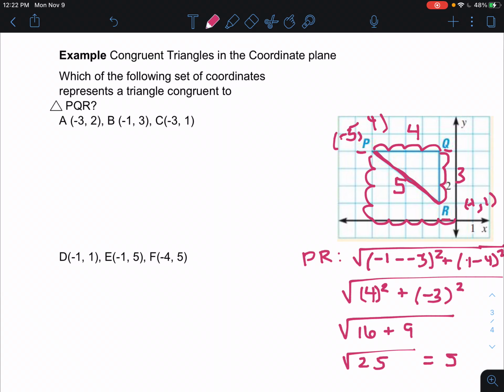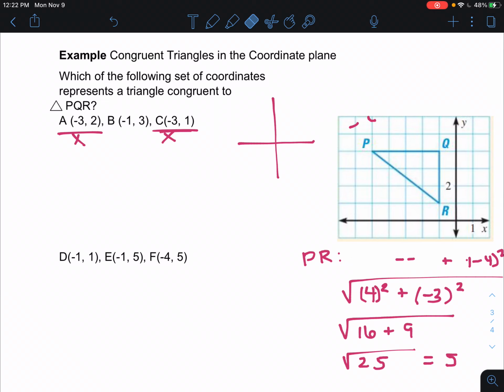I do notice some things about A and C. They have the same x value. If two points have the same x value, imagine them on a graph. At negative 3, 2, and negative 3, 1.